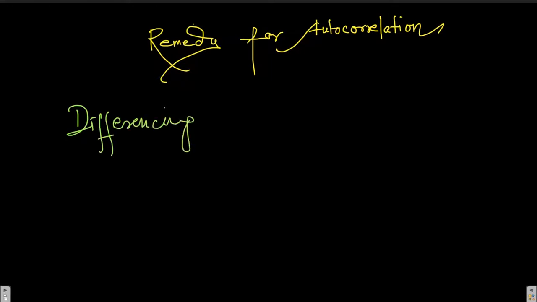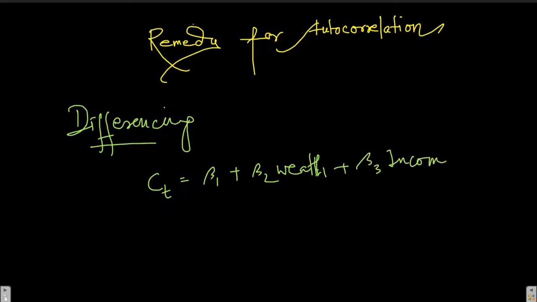Now, let's go back to the previous example where we used consumption data in the United States, and we wrote it as, let's say, consumption in time period t, C_t, is equal to beta 1 plus beta 2 into wealth, plus beta 3 income, and let's say there's some disturbance term u_t. So this is wealth t, income t, and u_t.